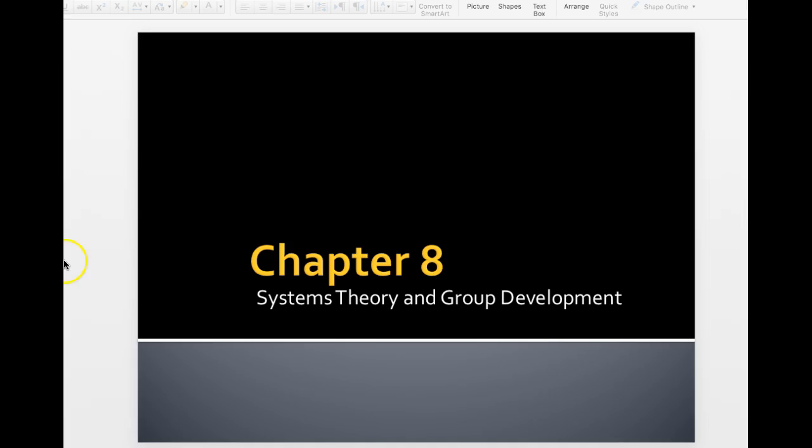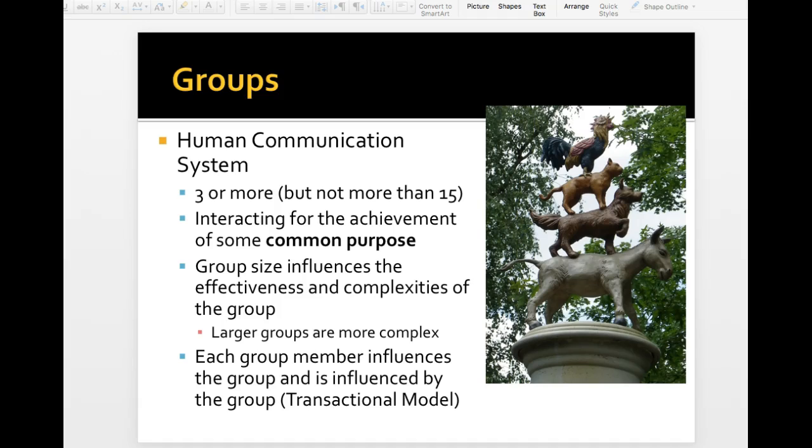When we say small group communication or small groups, what we mean is 3 or more people, but not more than 15, interacting for the achievement of some common purpose.